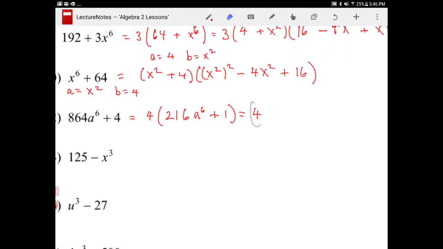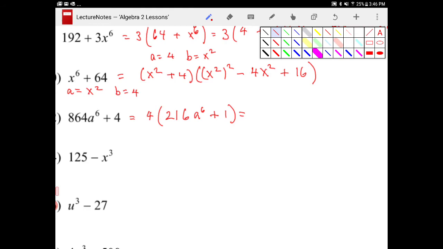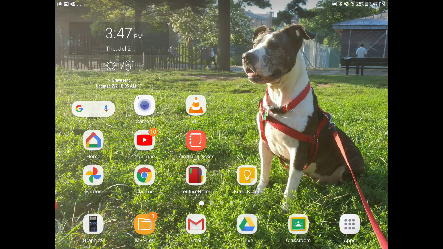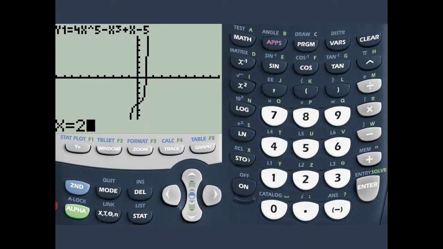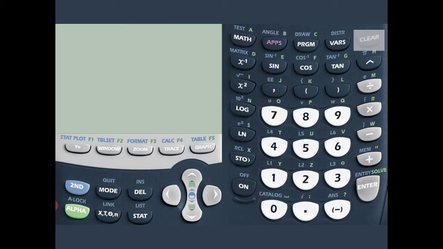Let's identify what exactly is our quote-unquote a. If I were to take the cube root of 216, what would that be? I want to figure out a number that when multiplied by itself 3 times gets me 216.